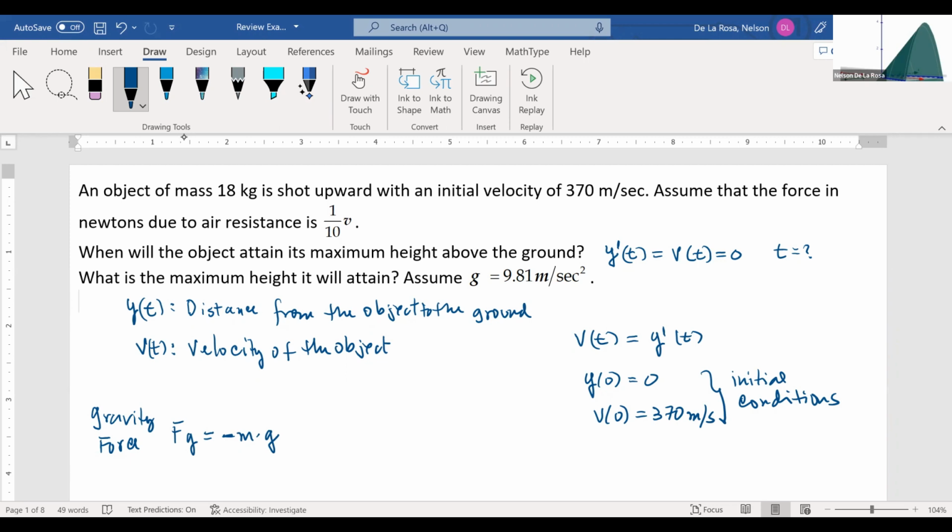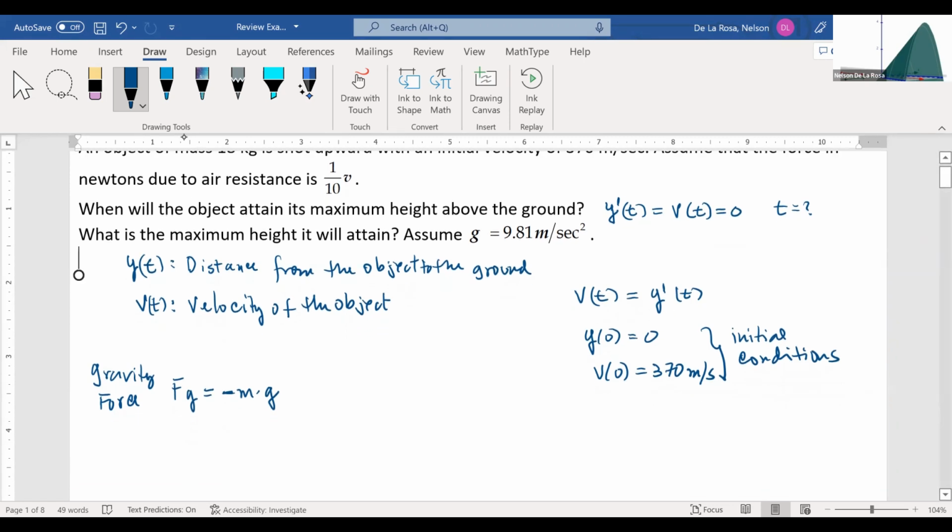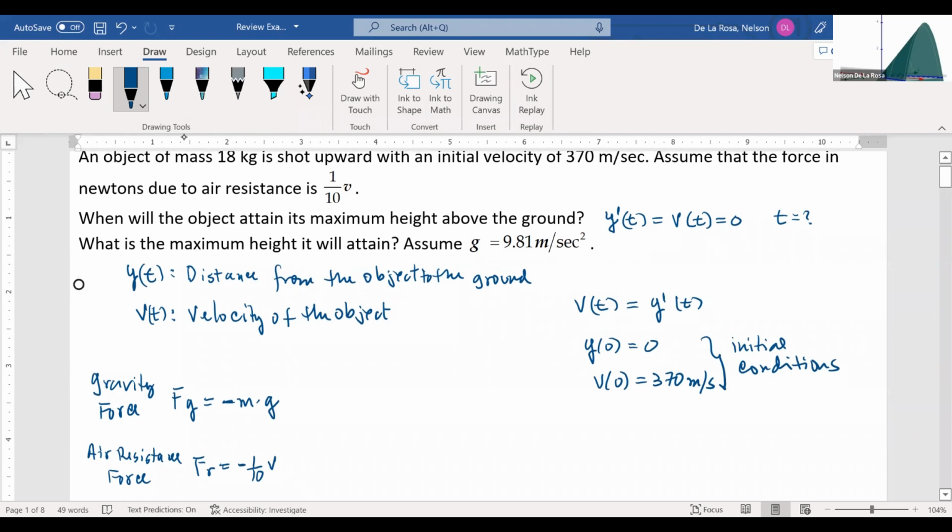And also, in addition to the force of gravity, we have the air resistance force, F sub R equals -1/10 v, as it is opposite to the motion, and that's given in the problem.